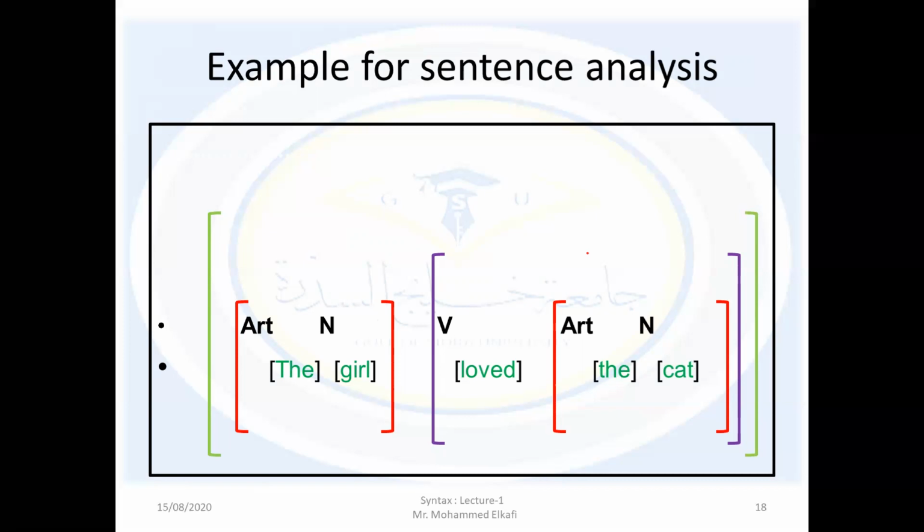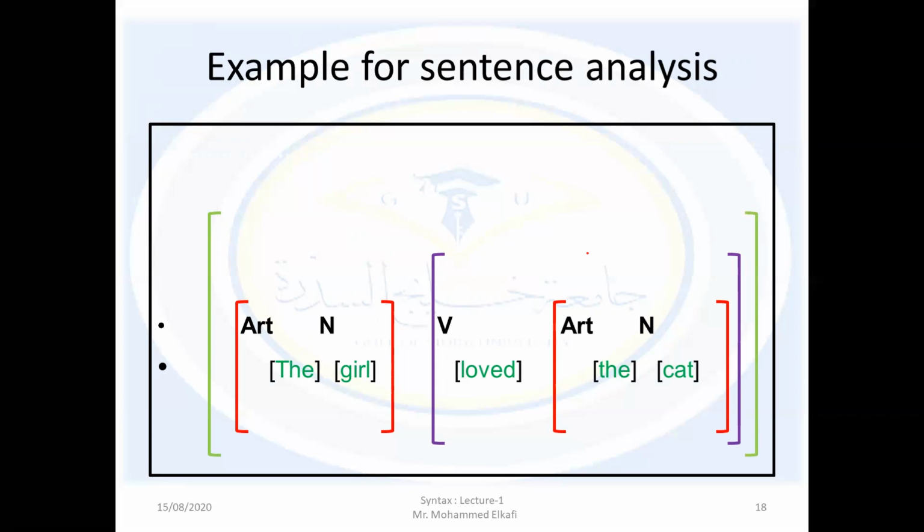So think of some similar combinations here: article plus noun before the verb, and article plus noun after the verb. So this is the first step, to make brackets around the words, and then to mention above the left bracket the label of each one of the words, the smallest unit, as we said.